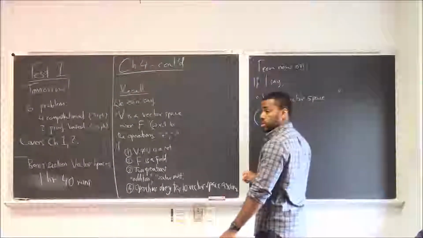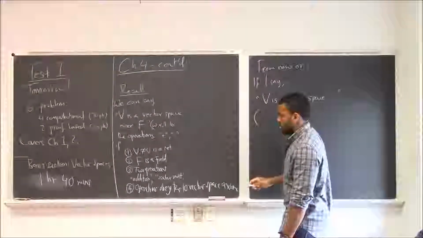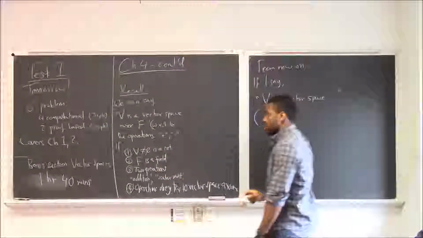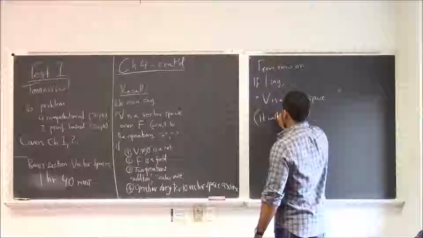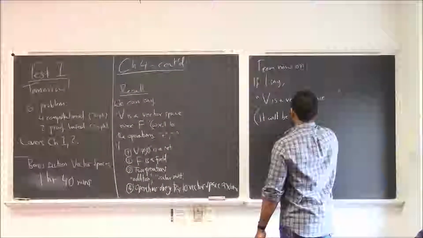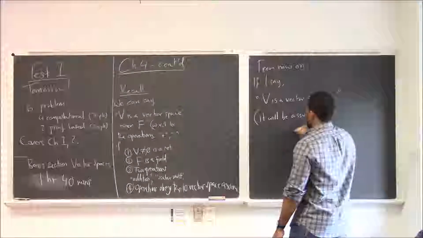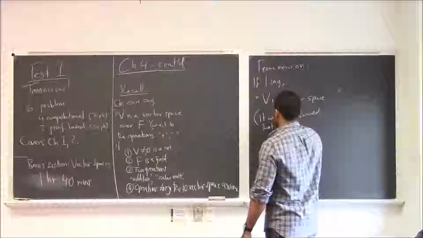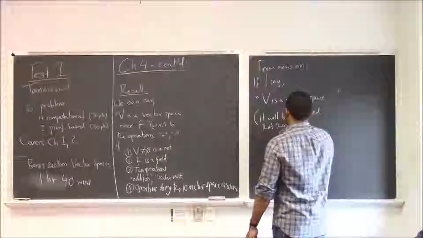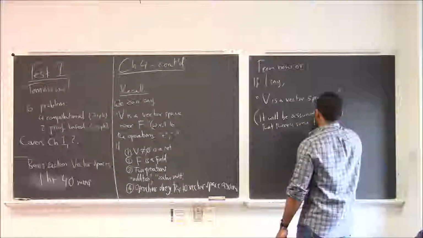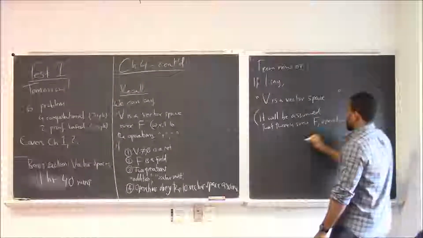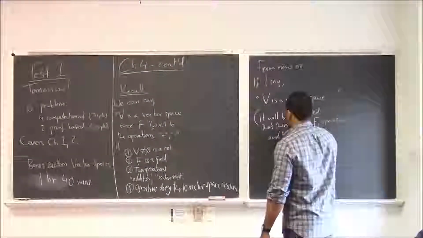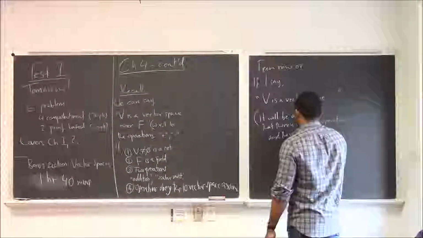Yes? Did you mean to write that V is not equal to the empty set? Right, not the empty set. It will be assumed that there are some operations over F and they fulfill the properties.